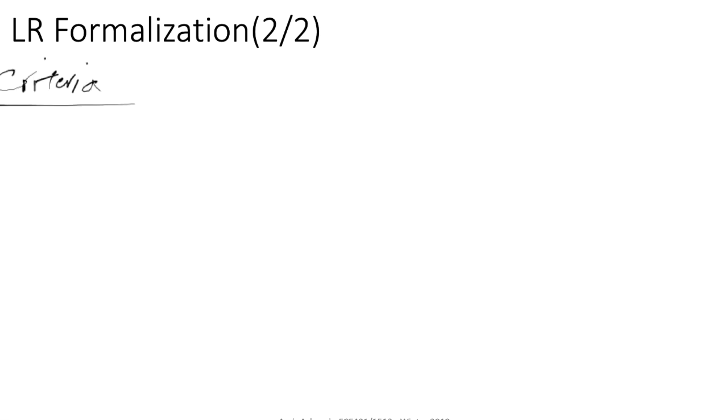So we need to take into consideration a very important criterion, and that's the minimization of our in-sample error. So how well we can fit the line so that we have a minimized error.